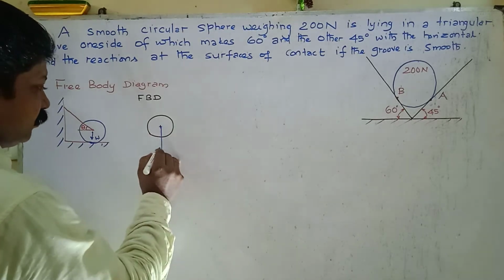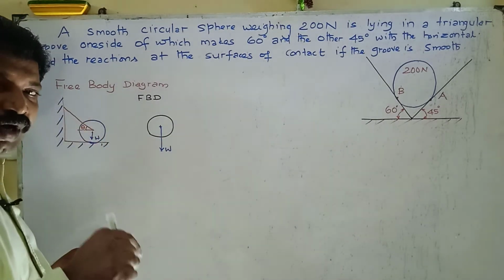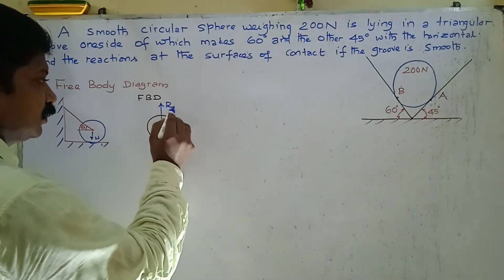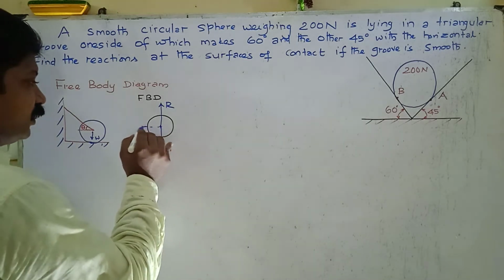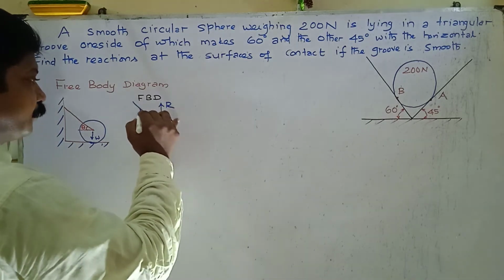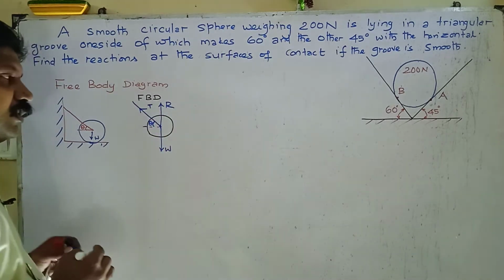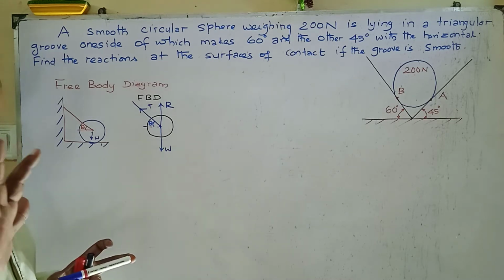So weight of the ball W, the reaction on the horizontal floor in the opposite direction, and tension in the string with inclination theta. Okay, now the free body diagram is over.